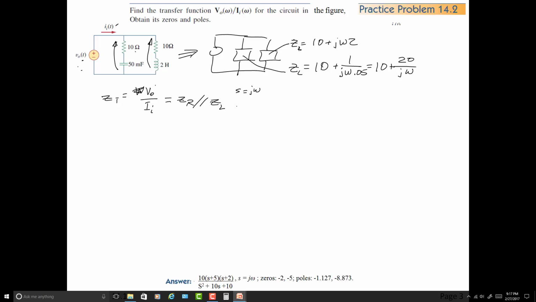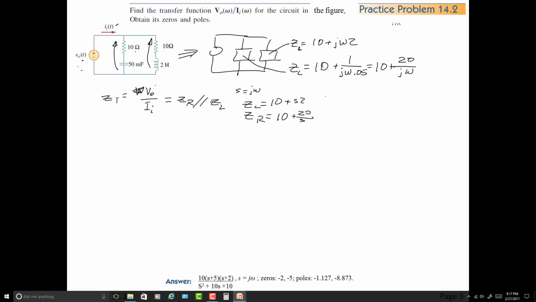And so Z left will be 10 plus 2S. I'll clean that up the next time. And Z right is equal to, what will this be? 10 plus 20 over S. Okay, so now let's just find the parallel combination.